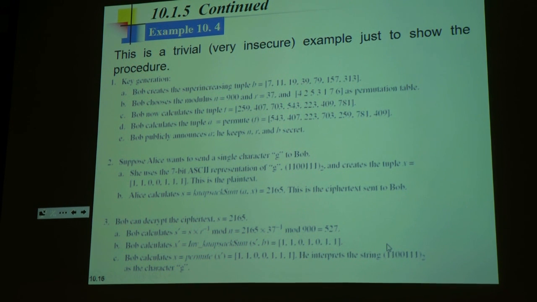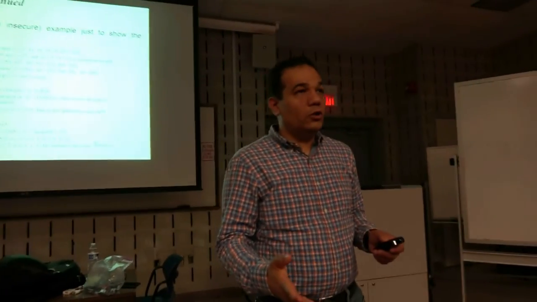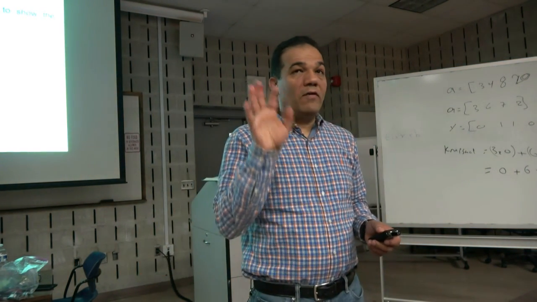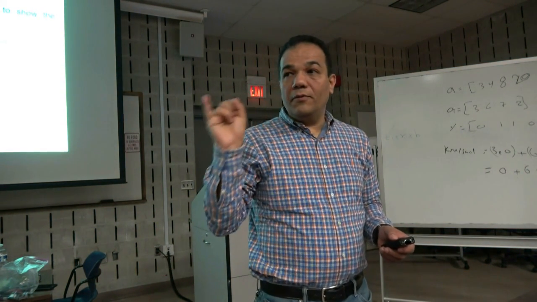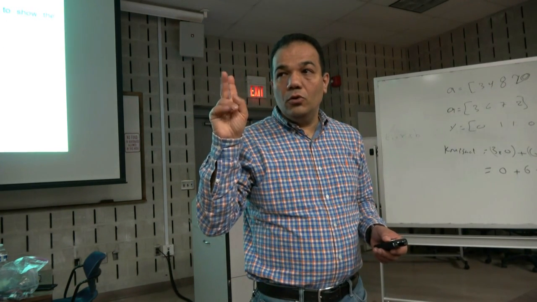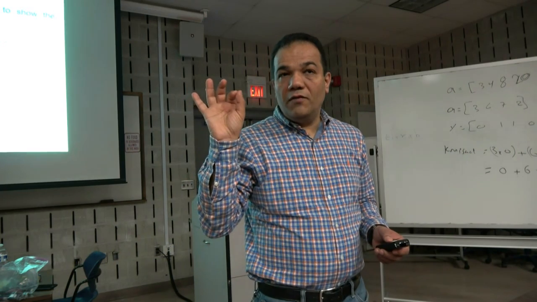Clear? Alright, so what have we learned so far? We have to use a one-way function. Our plain text has to be digits. We have 3 algorithms. Algorithm for key generation. How many keys is it gonna generate? 2. 1 public and 1 private.